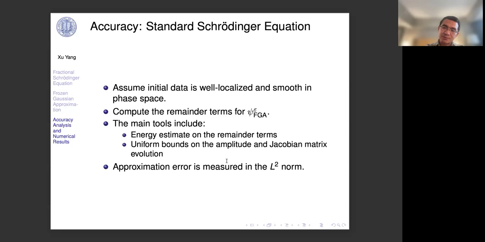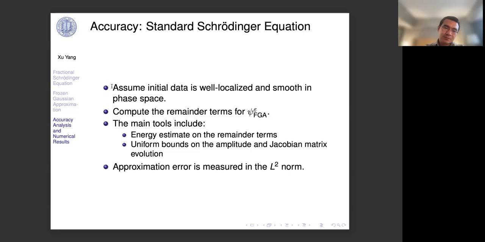So when we do the standard Schrödinger equation, how do we analyze the accuracy of the frozen Gaussian approximation? This is the standard way that we do, right? Usually, in order to analyze the accuracy of the asymptotic expansion, we keep more asymptotic terms in the expansion, and those are considered the remainder. And when we rigorously bound the accuracy, we are looking for a rigorous bound for the remainder term.